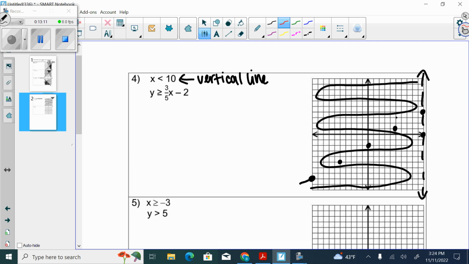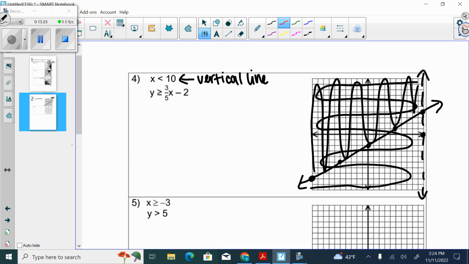Very good. Solid line, and where do we want to shade? Above, right. So everything above this line needs to be shaded extra dark. I'm going to shade all of this in really dark. All right, good job.